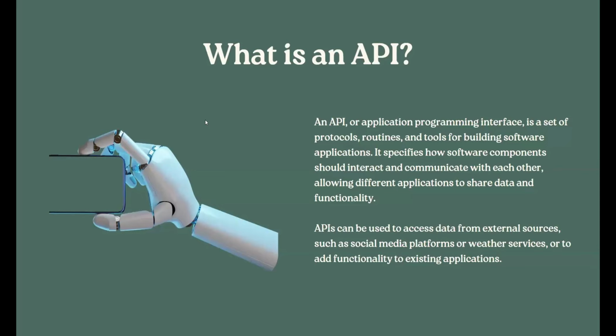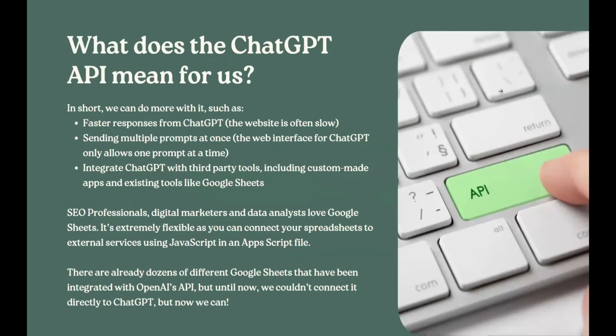So we're going to be using the OpenAI API today to get the same data that we can get from ChatGPT in a spreadsheet. So what does a ChatGPT API actually do? It's actually faster responses than the actual ChatGPT website.